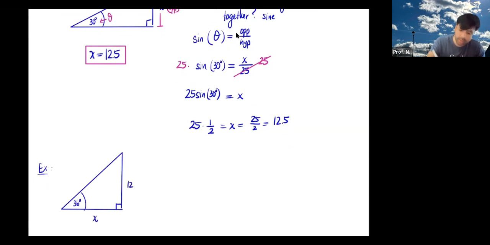And this is x. So I want to find x, right? That's what I'm trying to find. Find the missing side, x. So what trig ratio relates all the quantities here? Which trig ratio relates everything together?